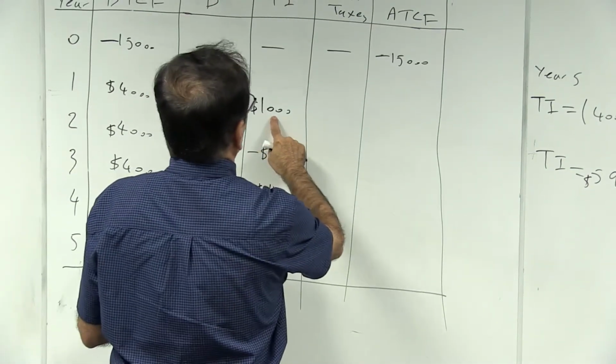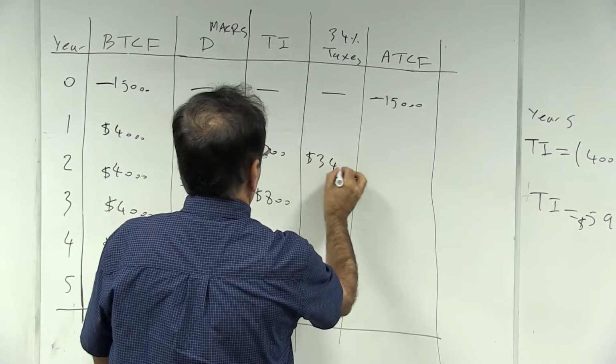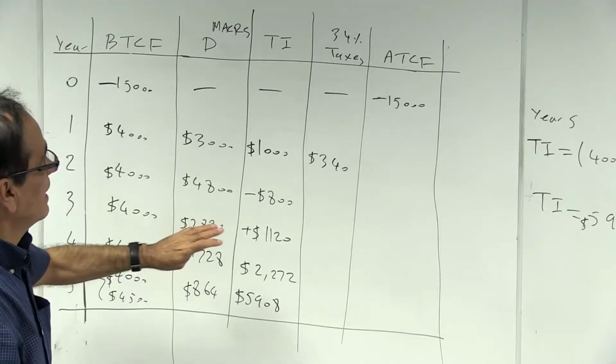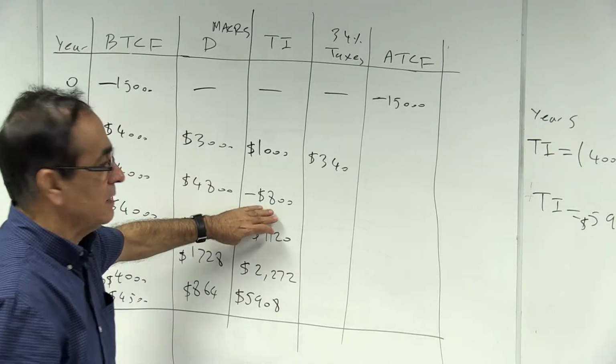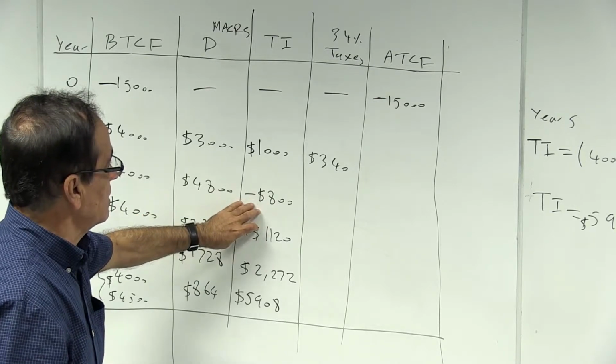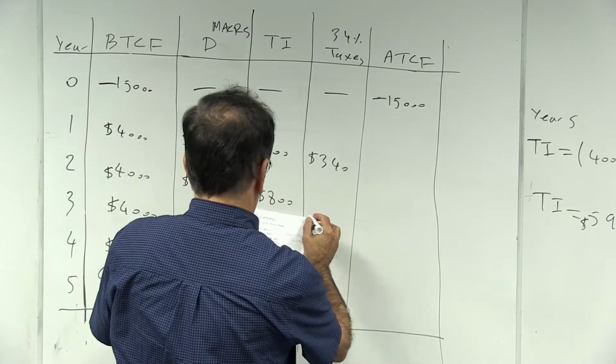Now we're going to find taxes. So 1,000 multiplied by 34% is going to be 340. Now, you might say, I have negative income. Still, you have to do it. What happened here, this is a capital loss. Basically, you can recover this in future income. So that way, we're going to put this one as a positive.